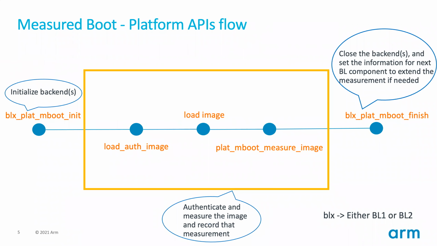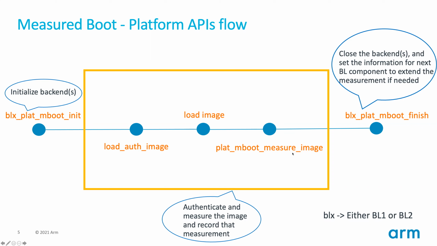So just to answer your question, Raghu, we have developed some platform APIs like this one, BL1 or BL2 plat mboot init. You can initialize any backends over here. Currently, we are initializing the event log, which gets initialized quite early in BL1 in the FVP case, and then we can measure the image using plat mboot measure image.